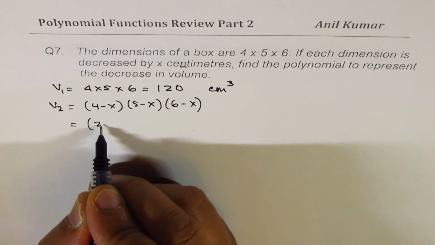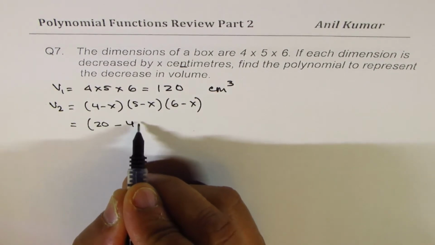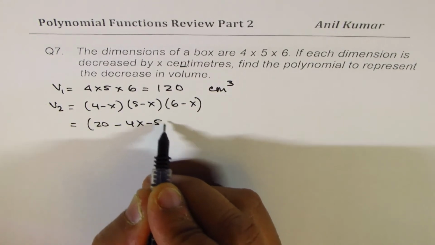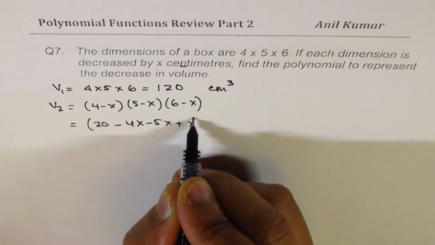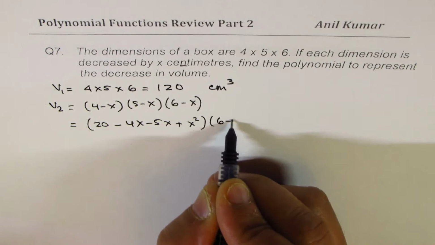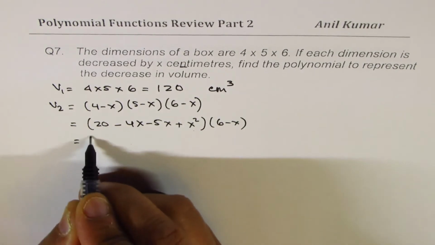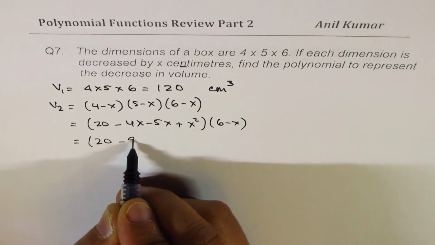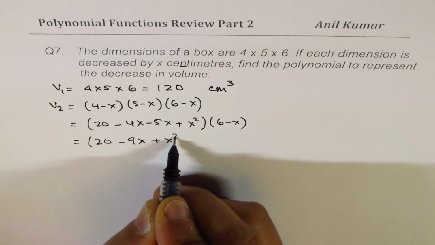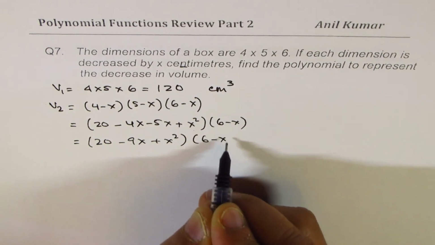4 times 5 is 20, minus 4x, then minus 5x plus x squared, times 6 minus x. That gives you 20 minus 9x plus x squared, times 6 minus x.